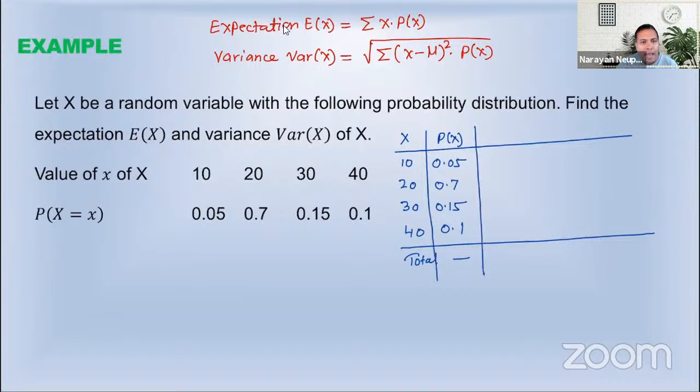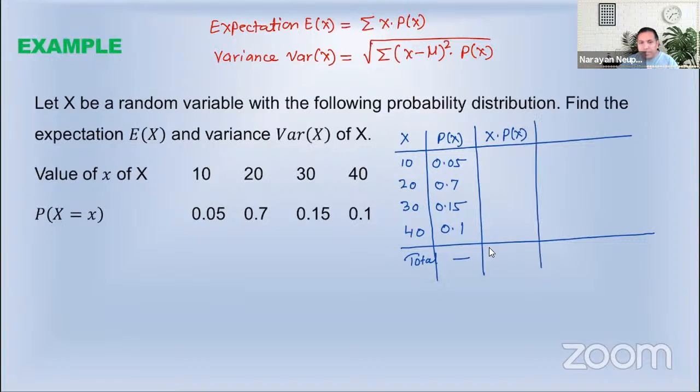Now, to find the expectation, look at the screen. Expectation is sum of x times p of x. So in the next column, I need this product, x times p of x, and then I need to add them together.